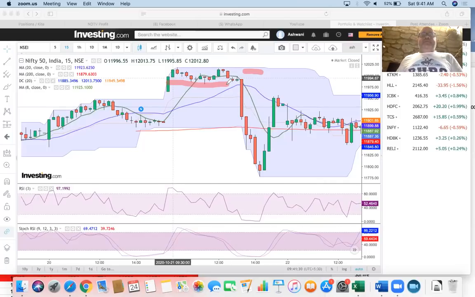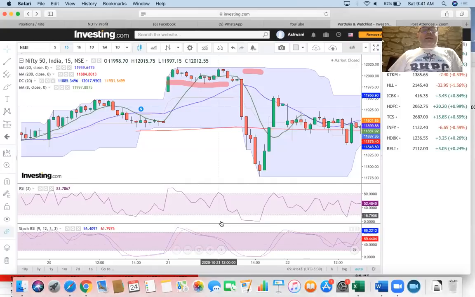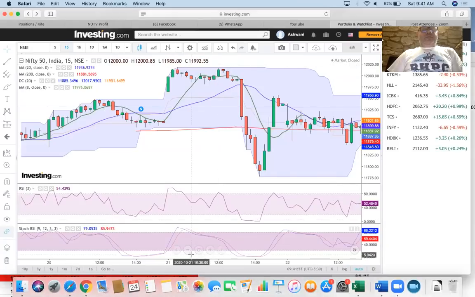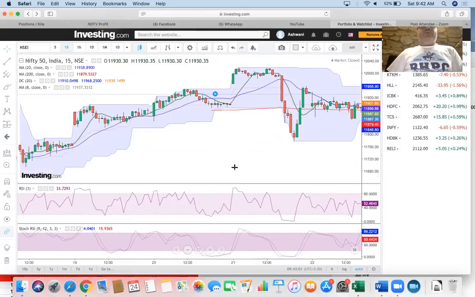B, even if say you did not see the weekly zone, although 12,000 is hard to miss, the other way, at least you could have gotten into this trade would be, you had this previous session high at 11,950.